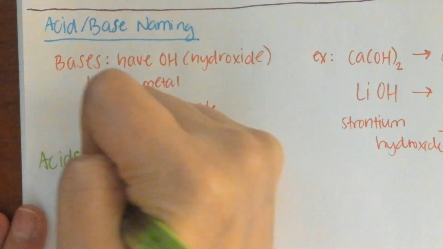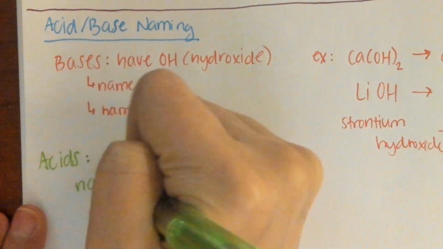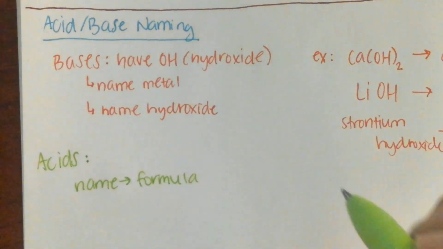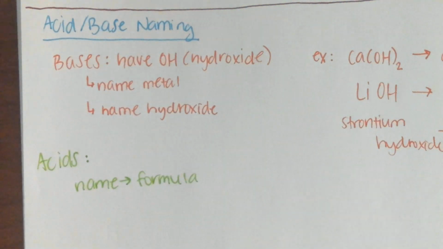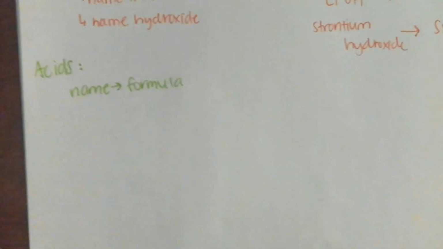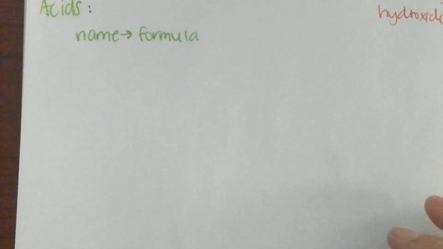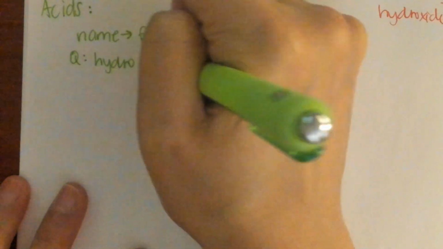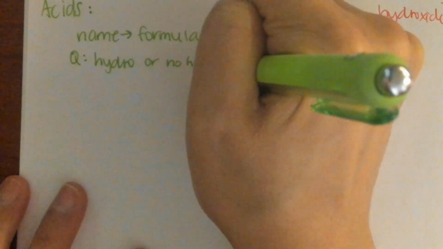Alright, acids. First, we're going to do name to formula. So when you actually have the word. So the first question you ask yourself is, is there hydro in the name or no hydro?